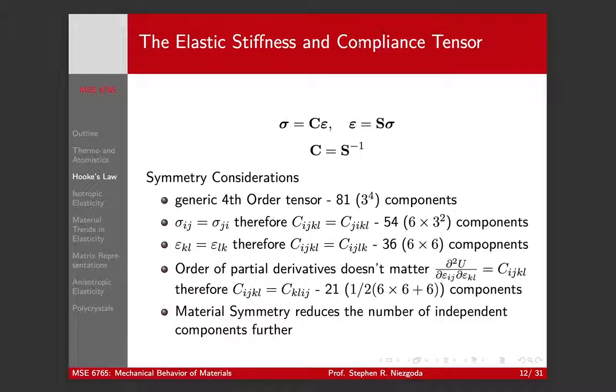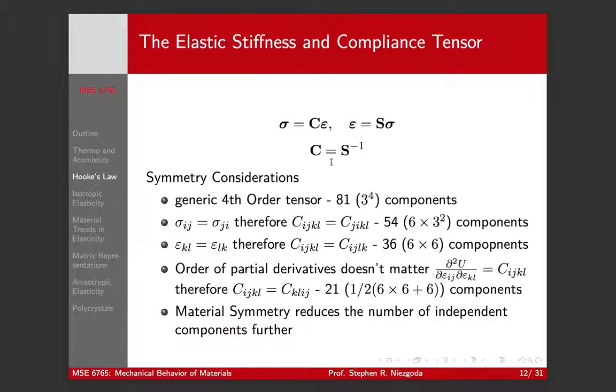Okay, so let's look at some of the properties of our stiffness and compliance tensors. Well, first, they're inversely related to each other. So what does it mean for a fourth order tensor to invert a fourth order tensor? Basically, if I were to multiply these, I would get the fourth order identity tensor, but it goes a little beyond that.